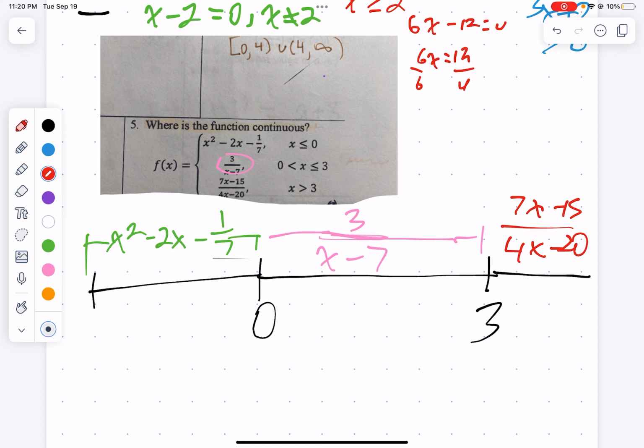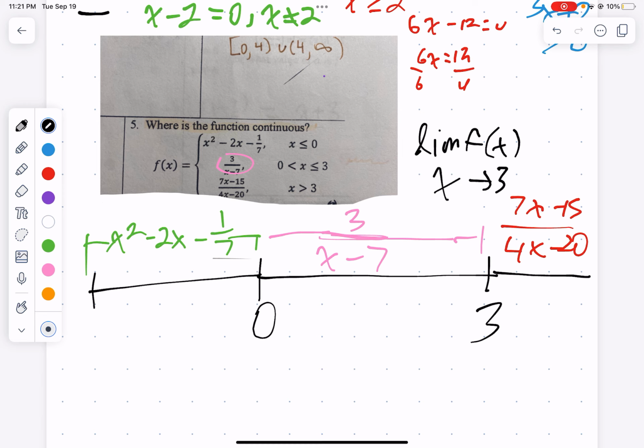All right, and remember the stuff from last video to figure out where something is continuous. So first over here, we're trying to find the limit as x approaches 0 of f of x. All right, so we're going to go ahead and evaluate the limit of f of x as x approaches 3.